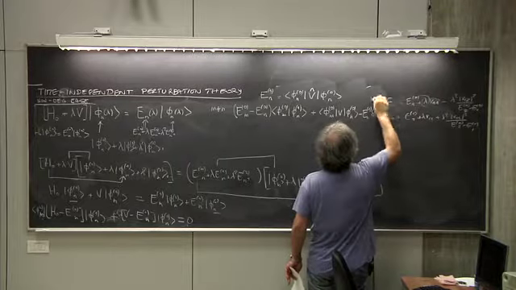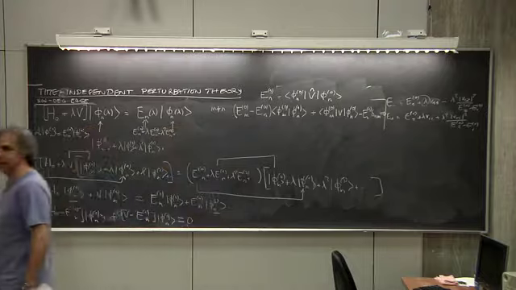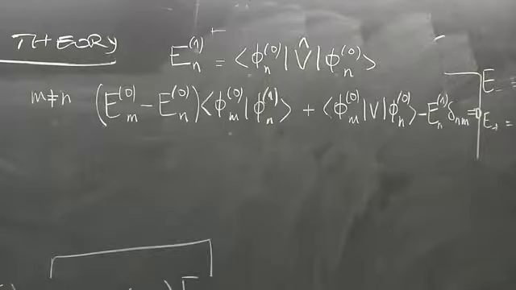All this should be 0, okay? This is what this equation is telling me if I multiply now by m.